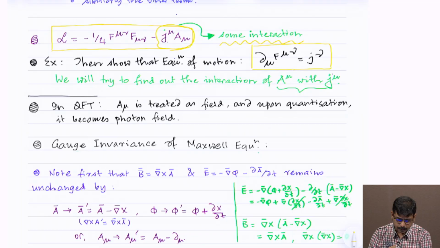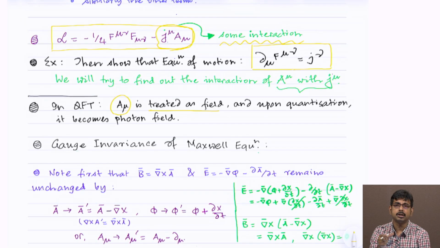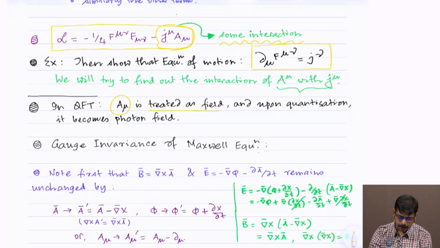Now, I am not going right now into the details of QFT, but the point is that when we do quantum field theory, this A_μ is treated as a field. It is expanded in terms of creation and annihilation operators, which follow a commutation relation, and with that we can show that the Hamiltonian can be expressed in terms of those creation and annihilation operators, which describe the particle-like aspects of that field.